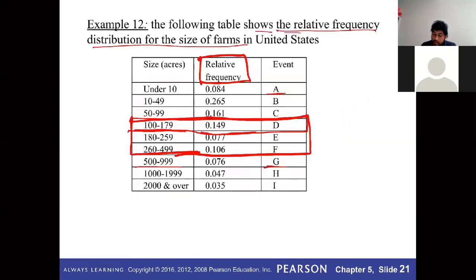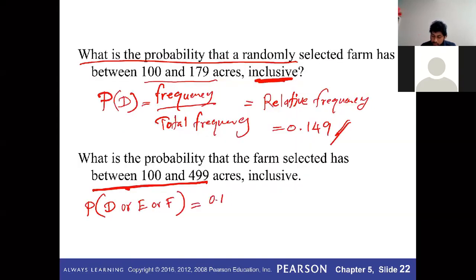So they have given relative frequencies, so you don't have to calculate frequency divided by total number of frequency. Simply you can add these three values. So, using our additive rule, probability of D plus probability of E plus probability of F. Probability of D is 0.149, we found it.